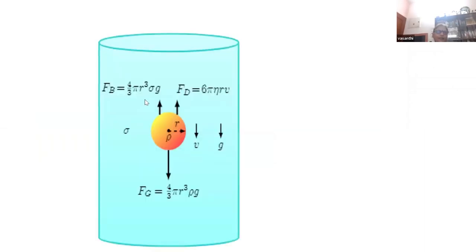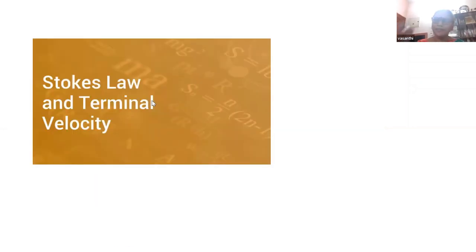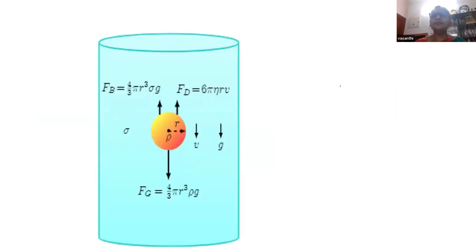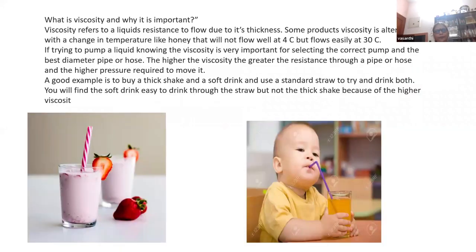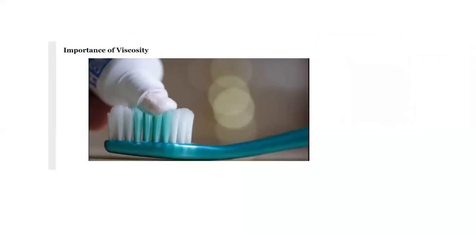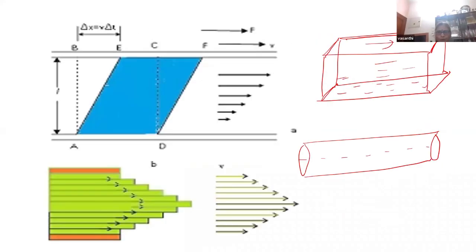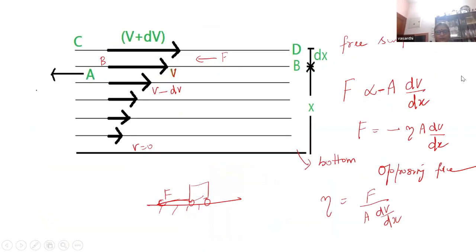And we move on from viscosity to terminal velocity. So what is the idea of terminal velocity? Why should we learn about terminal velocity? So far, we studied the flow of liquid through a pipe, or the free flow of liquid in a river.